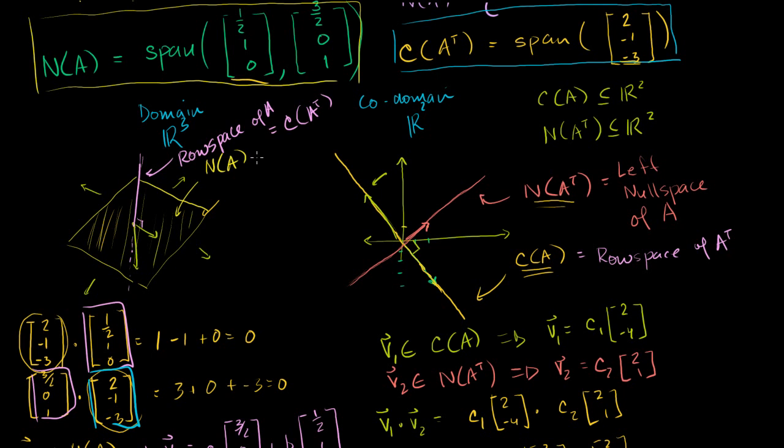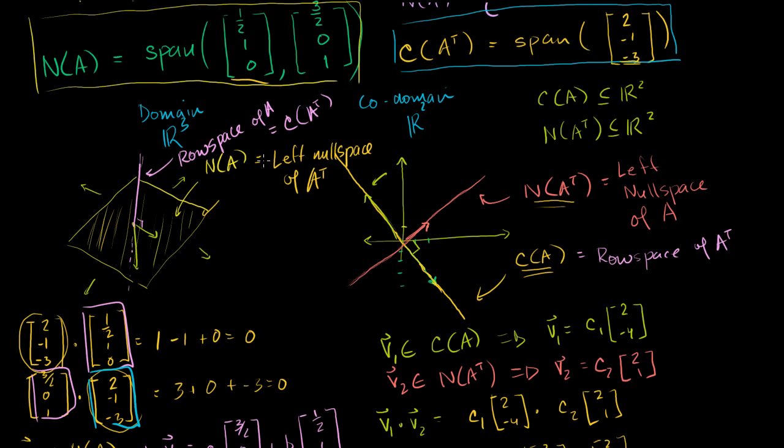Or we could also call that the left null space of A transpose. And I never used this term in the last video, but it's symmetric, right? If the null space of A transpose is the left null space of A, then the null space of A is the left null space of A transpose, which is an interesting takeaway.